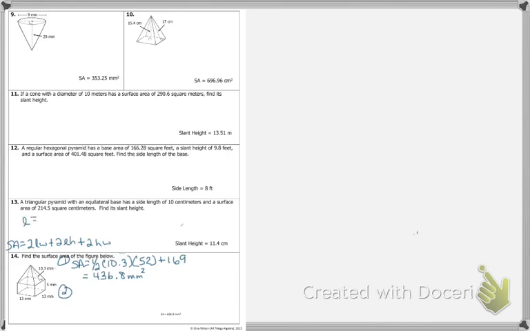Do I have all three dimensions for my rectangular prism? I have 1, 2, 3. I do. I'm going to call this guy length, I'm going to call this guy width, and I'm going to call this one height. So my length is 13, my width is 13, and my height is 5.